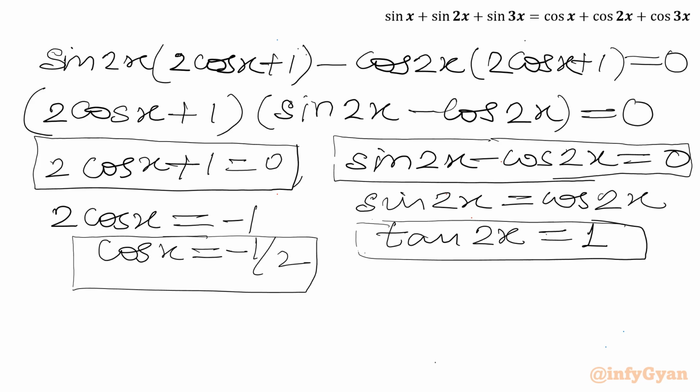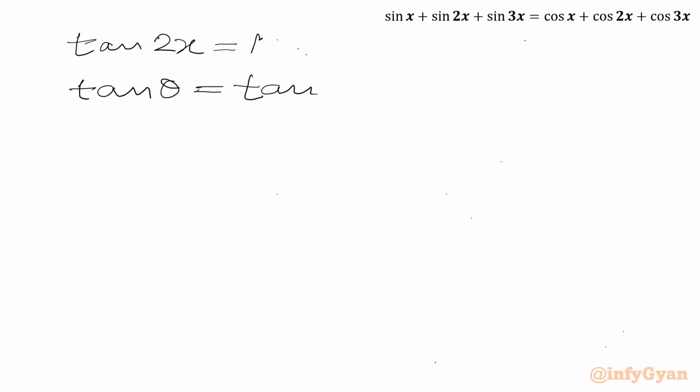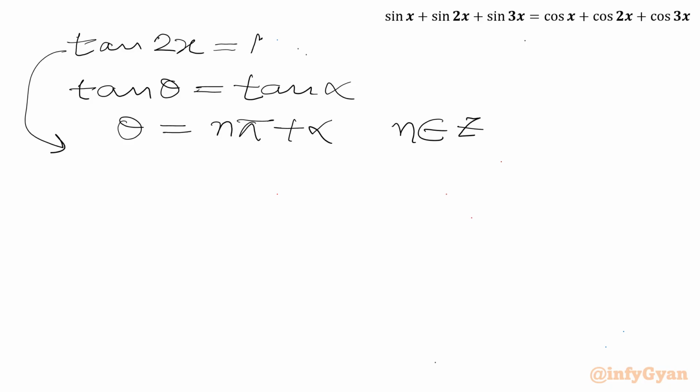Let us take them one by one. Let us take tan 2x equal to 1 first. So I can write first the general formula. If tan theta equal to tan alpha, then the general formula is theta equal to n pi plus alpha, where n belongs to integer. So from our equation, I can write tan 2x equal to tan pi by 4.